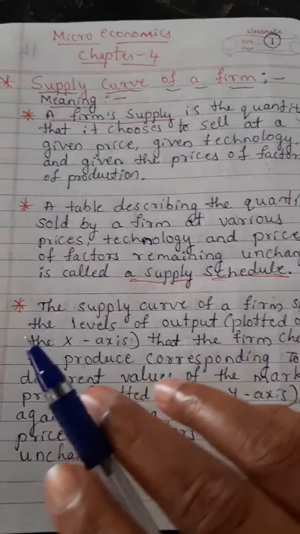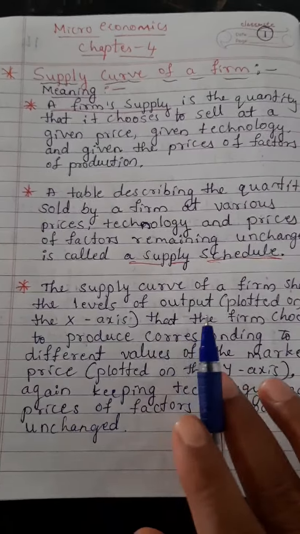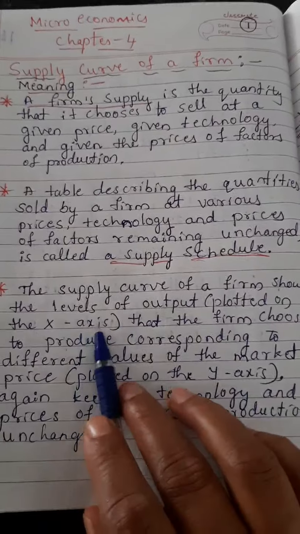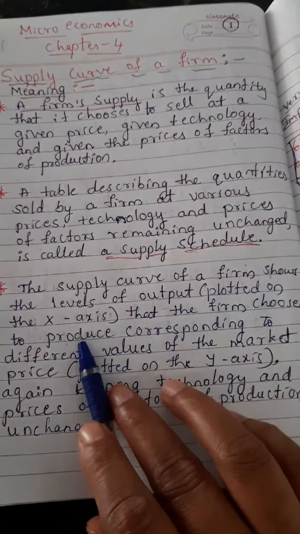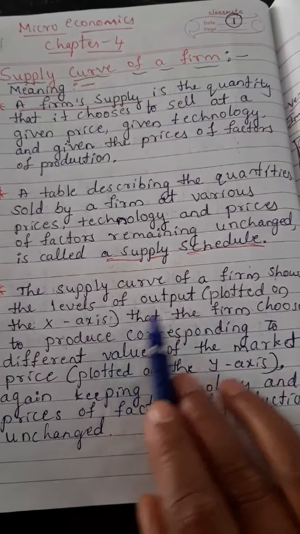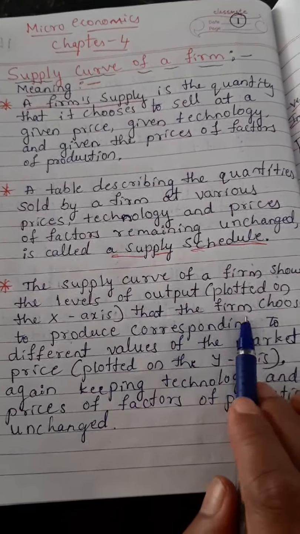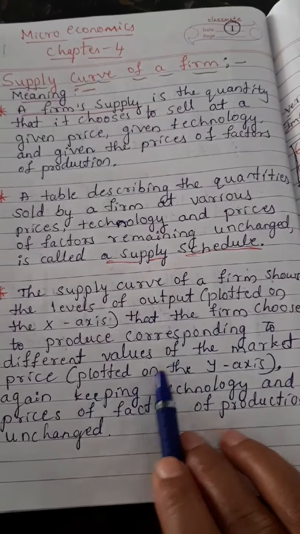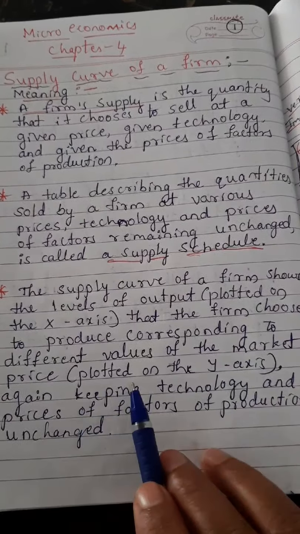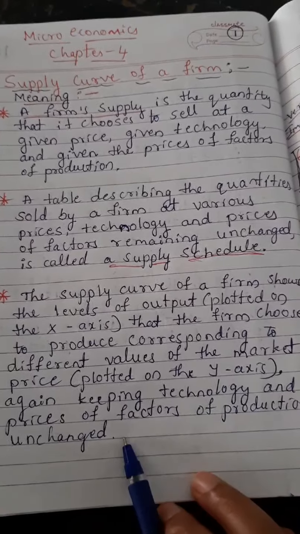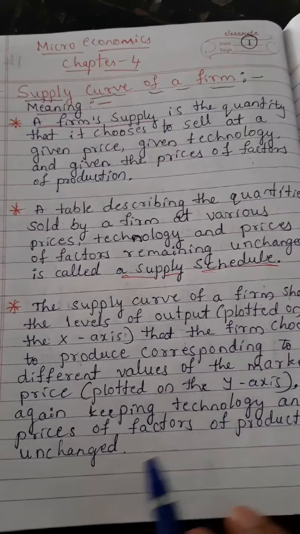And next, the meaning of a supply curve. What is the supply curve of a firm? The supply curve of a firm shows the levels of output, plotted on the x-axis, that firms choose to produce corresponding to different values of the market price, plotted on the y-axis, again keeping technology and prices of factors of production unchanged.